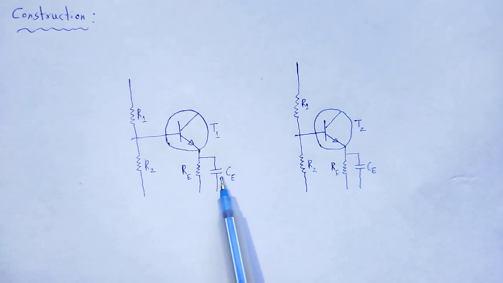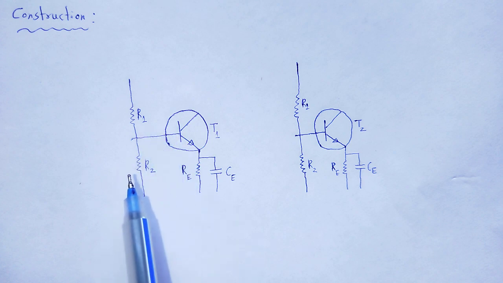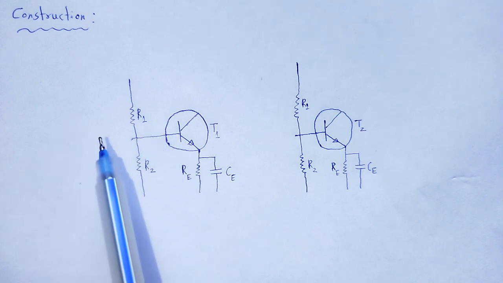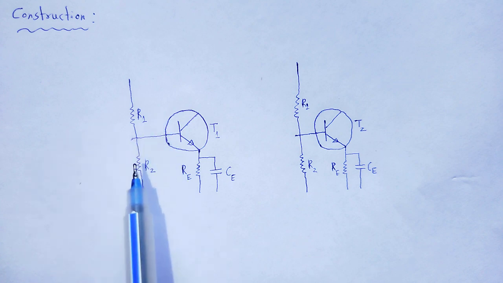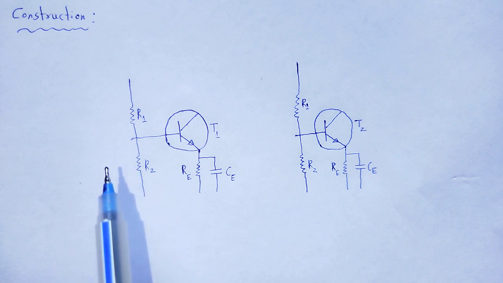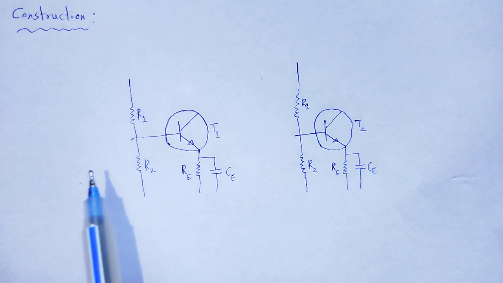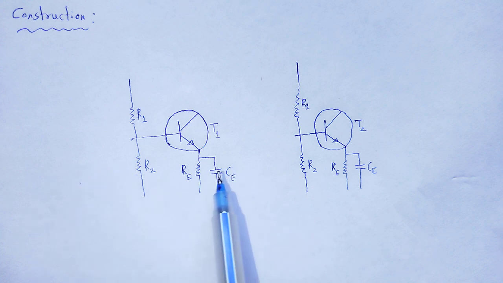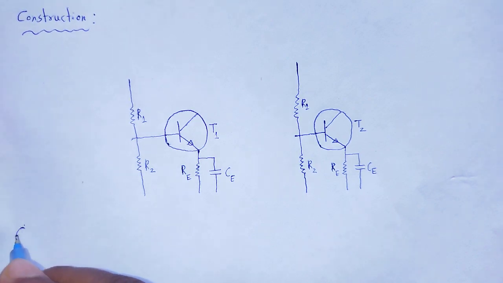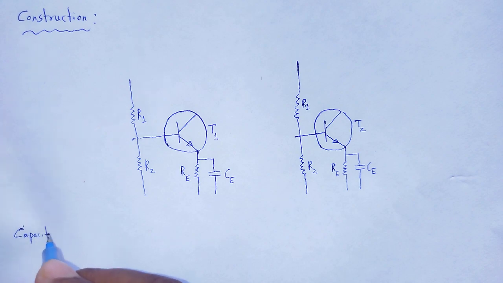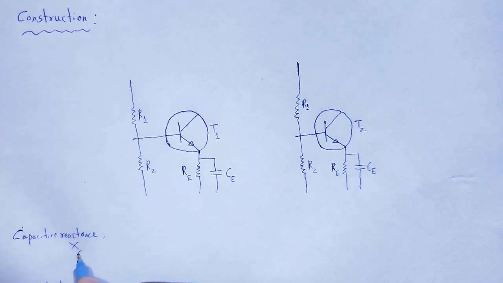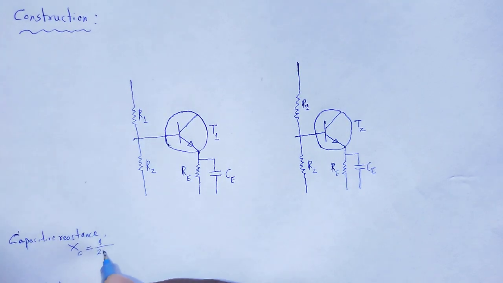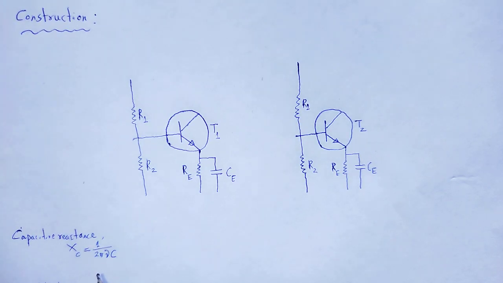The working of the capacitor Ce: when an AC signal is input to the circuit, it is not purely AC, it is a combination of AC plus DC. As we know, capacitive reactance Xc is equal to 1 by 2 pi nu c, where nu is the frequency and c the capacitance.